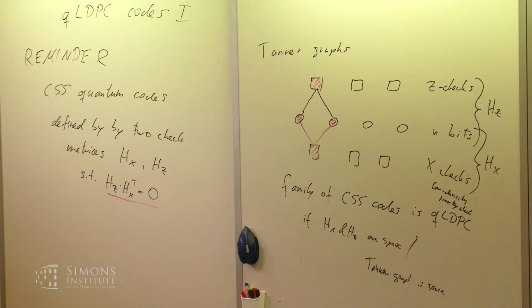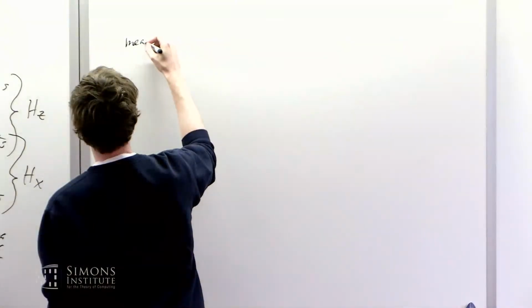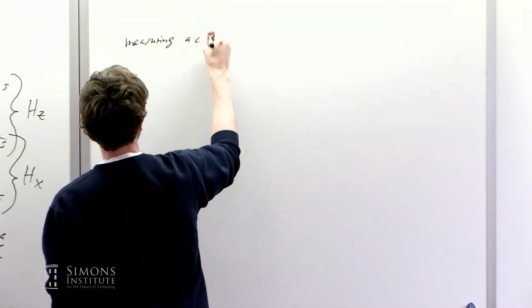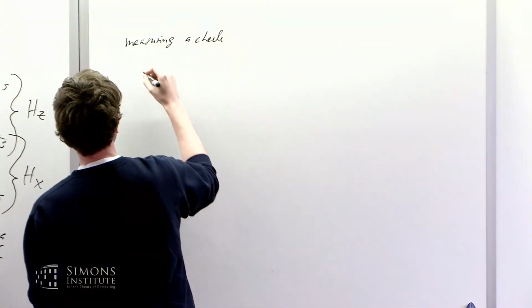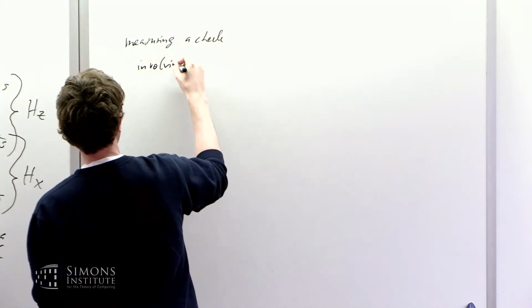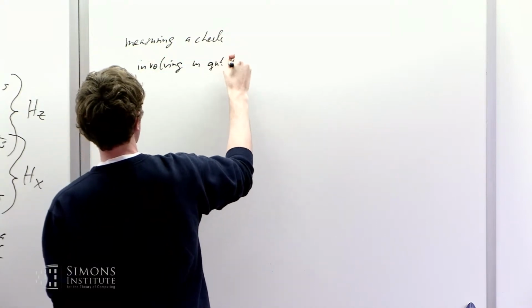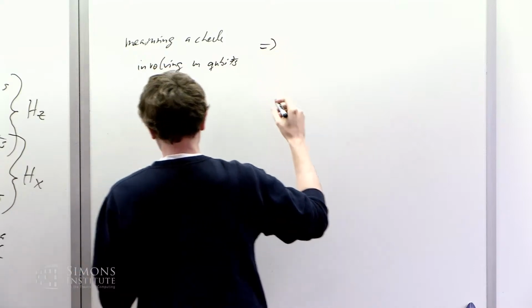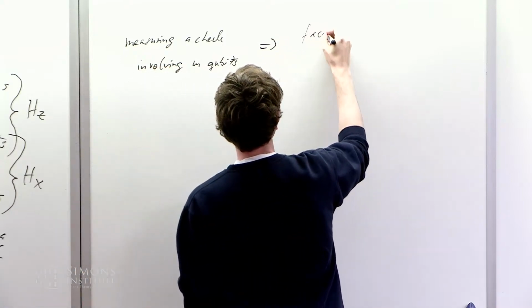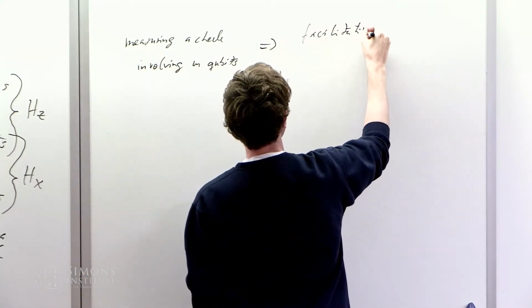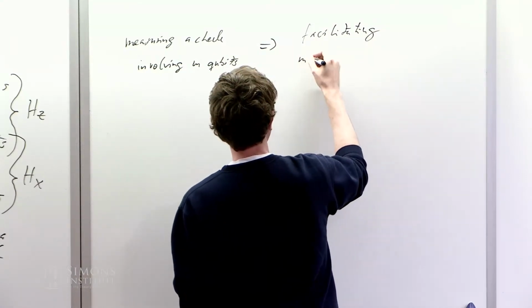But in a quantum computer, let's say our qubits are spins, little spins, and so we have to work a little bit harder to perform these parity checks. In particular, measuring a check involving m qubits involves what a physicist would call facilitating an m-body interaction.